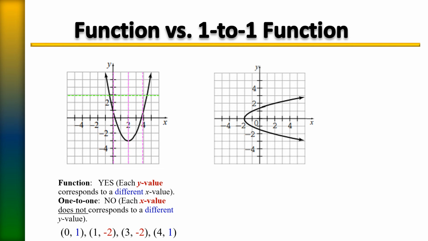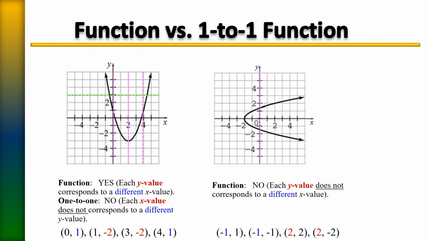Let's take a look at the second example. We're going to first perform the vertical line test to determine whether it is a function. If we do the vertical line test, notice we have already intersected that graph in more than one point. So therefore, that is not a function.